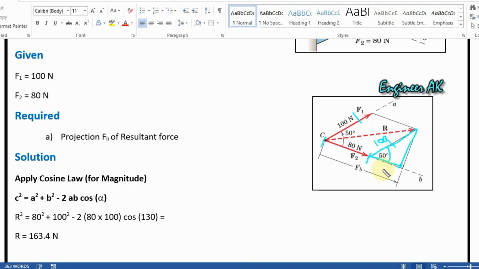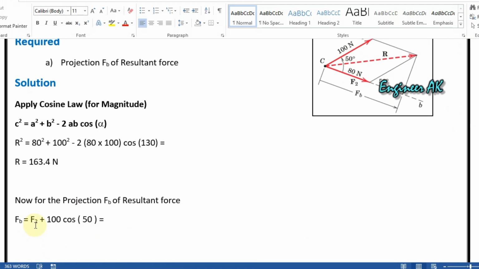So if I want to find this distance from here to here, it will be 100 cos of 50, and this will be 100 sin of 50. So from here to here it is 80, and from here to here it is 100 cos of 50. Here I have written it: from here to here F2 plus 100, because this and this line are parallel, so it is 100 cos of 50.